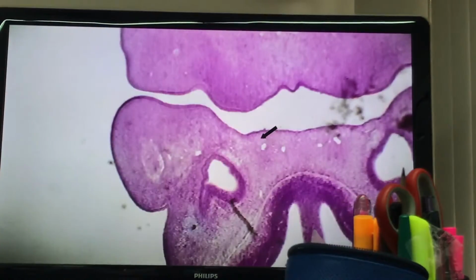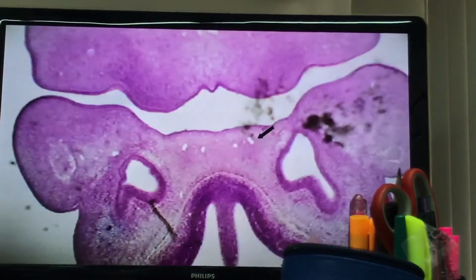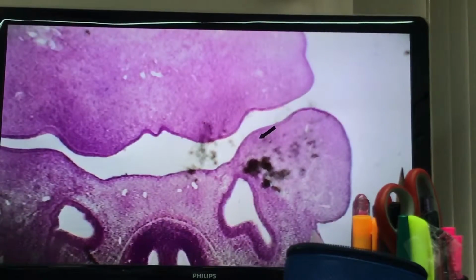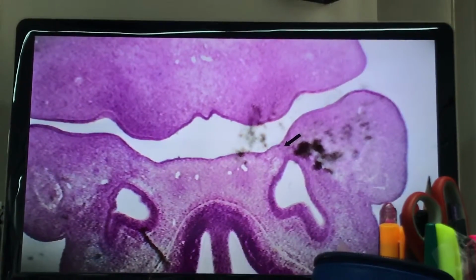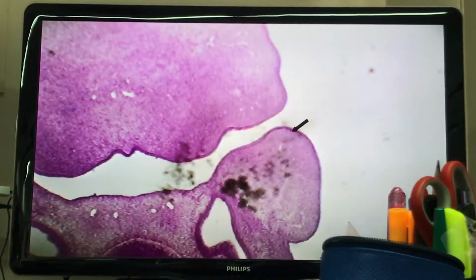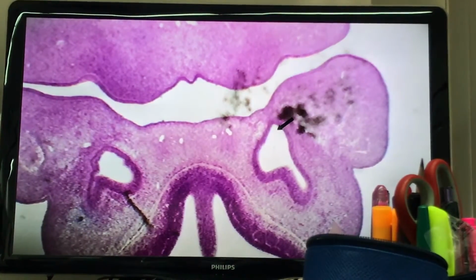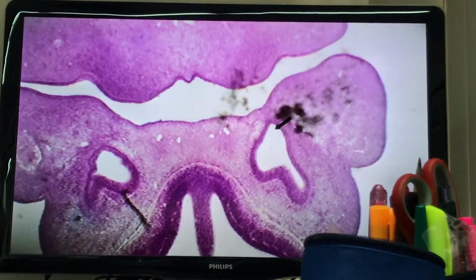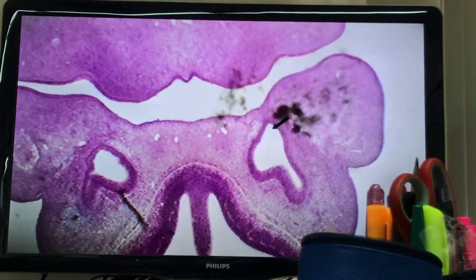Okay, so this one is your future nasal part, where you have the medial nasal swelling or prominence, and the lateral prominence. How about this? The nasal placode will give rise to your nasal pit. That one will become the nasal cavity. Okay.